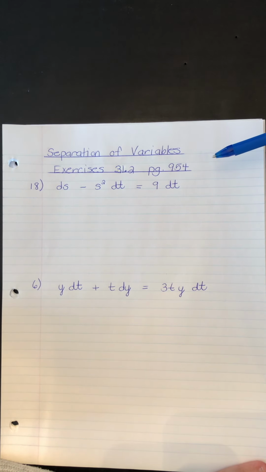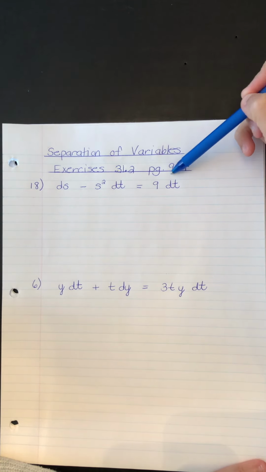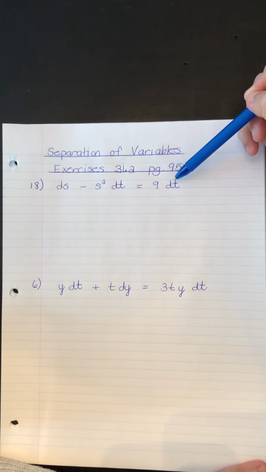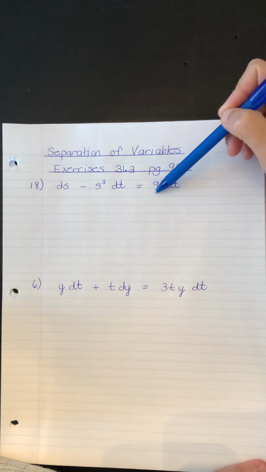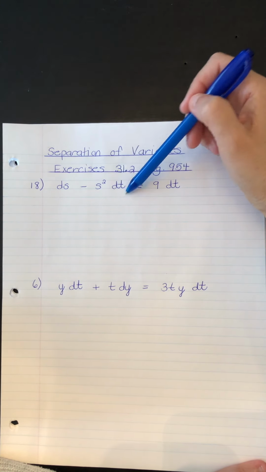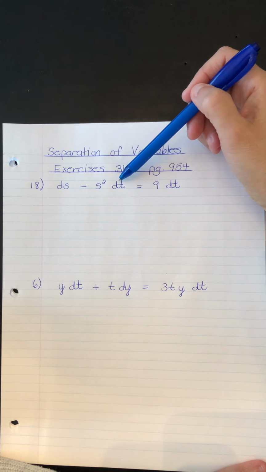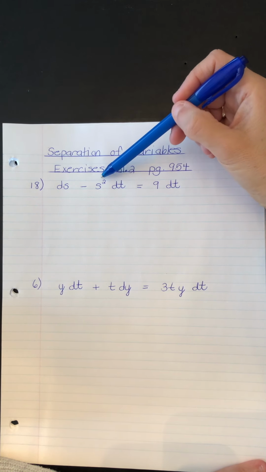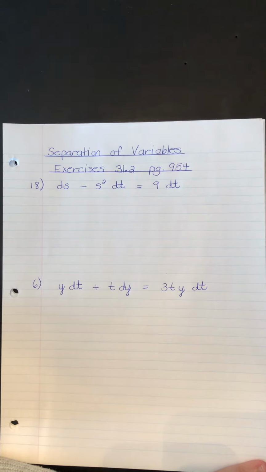But we also have to check that attached or multiplied by the differential dt, we do not have the variable s. So this term is okay because attached to this differential dt, we do not have the variable s. But here's where we have the problem. Attached to this differential dt is the variable s.